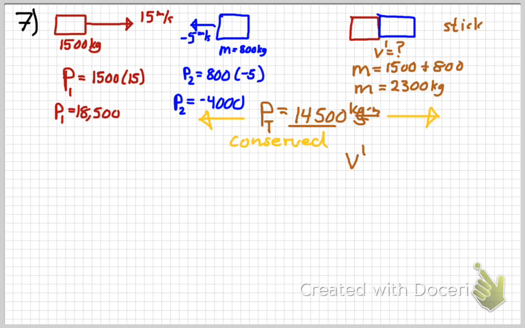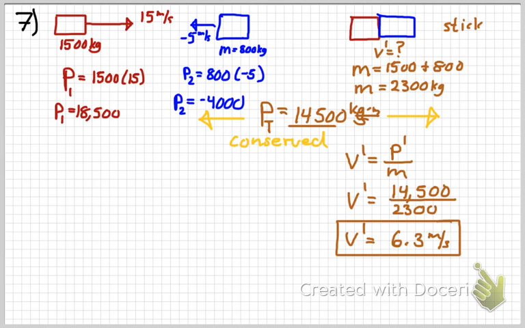So to figure out the new velocity, I just have to do that new momentum divided by the mass. So when you plug in those two numbers, you should get 6.3 meters per second. What that tells you is that these two things are moving to the right.